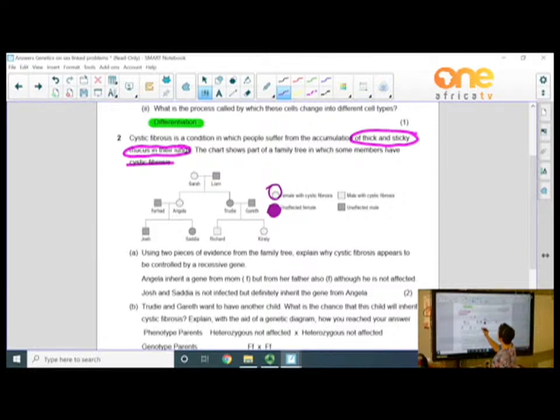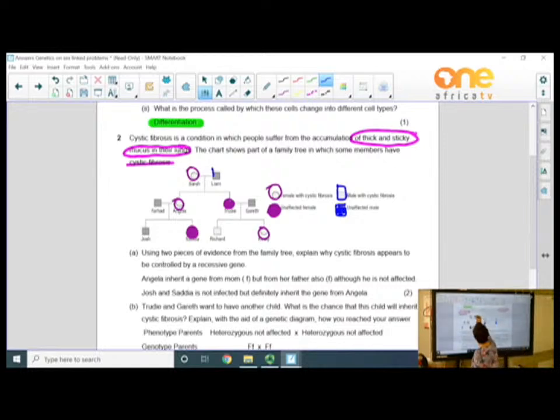So here we see a female Trudy, so all the circles are female, and Sadia, they are unaffected, right? And Sarah and Angela and Kirsty are affected females. The male, when it's a square, we have the cystic fibrosis, males, and then when it is a filled square, they are unaffected.